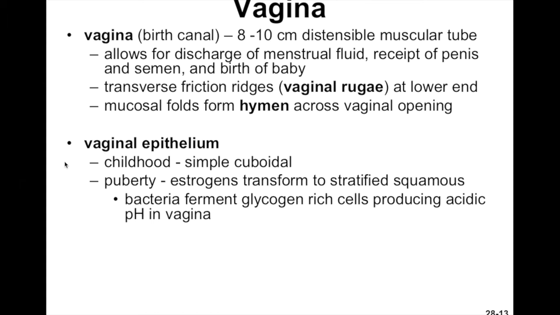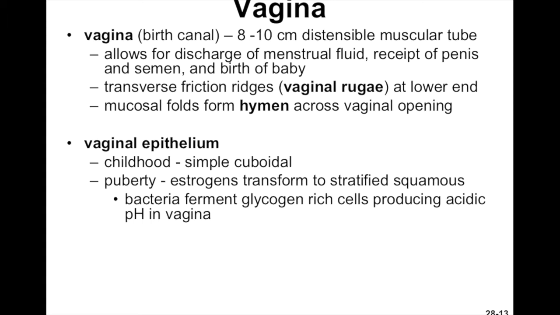Okay, so vaginal epithelium is pretty complex, or is not as complex as uterine epithelium, and we'll talk about the uterine epithelium later. But in childhood, it is simple cuboidal. That's it. As you hit puberty, the estrogens that your body produces transform it into stratified squamous. Okay, so children do not have a lot of protection in their vagina.